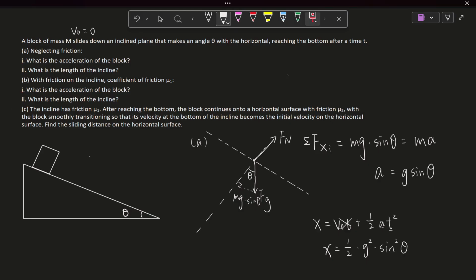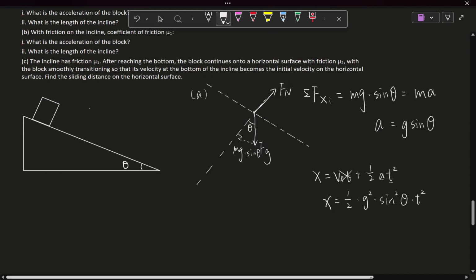Also, if you're not that good at algebra, don't write the second power on the sine, because it would then be theta's second power, not sine theta squared. If you want, you can simplify it as half times g t sine theta, all squared. This looks better, and this is your answer.